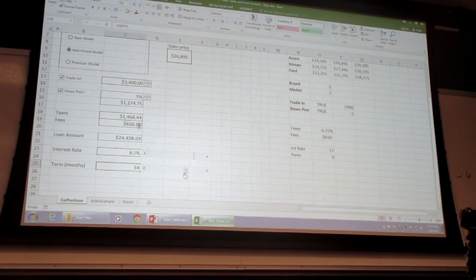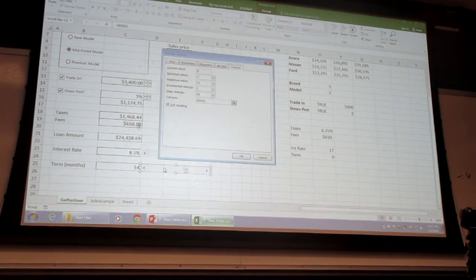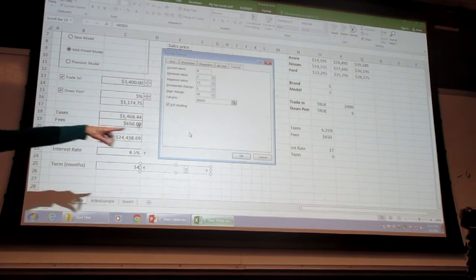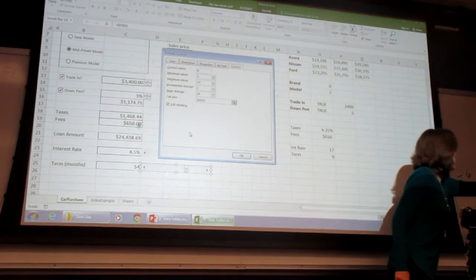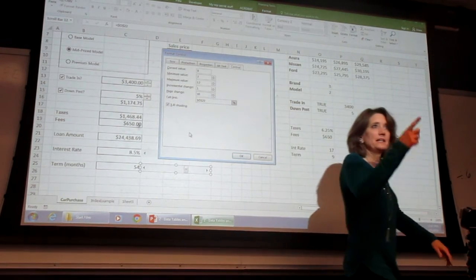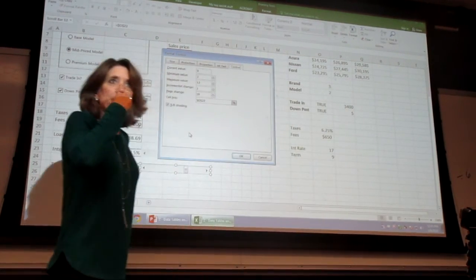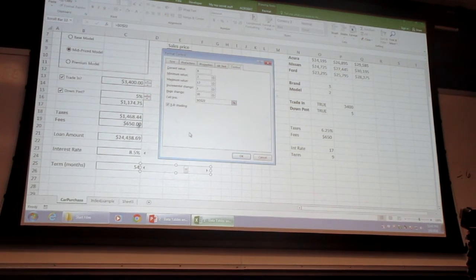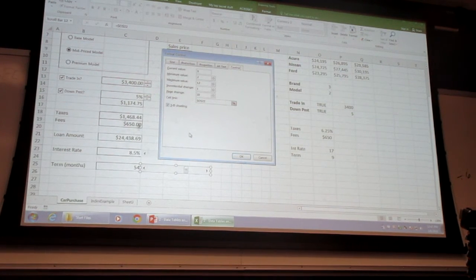Yes? Can you go to where you formatted it so you can see your numbers one more time? The formatting it here? Yes. Yes, 2 to 12 in steps of 1, which is this right here. 2 to 12 in steps of 1. Yeah. So when you format it, you tell it that the increments, you want them to be 1 or 2, right? But why does, when you scroll the bar, it still does increments of 1 only?